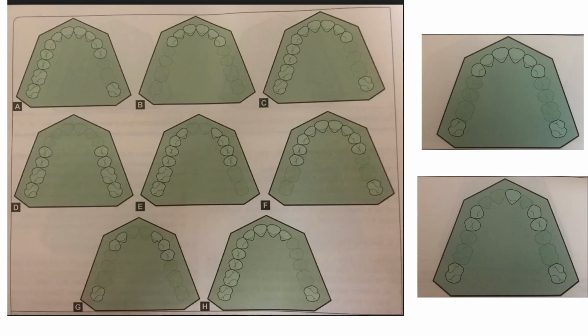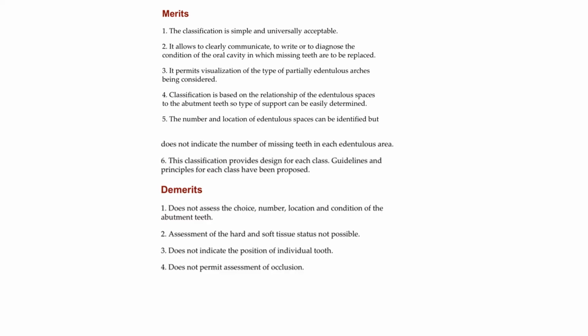And the last part of the video is the merits and demerits. Like every classification, this classification has some pros and cons. The merits are that it is simple and universally accepted. It is clearly communicable. It is easy to write and to diagnose the condition of the oral cavity. It permits the visualization of the type of partially edentulous arches.